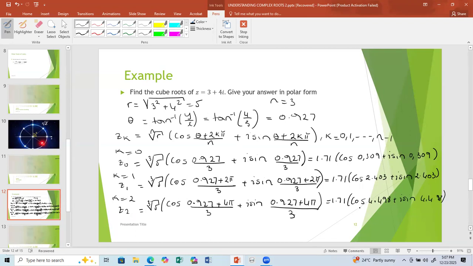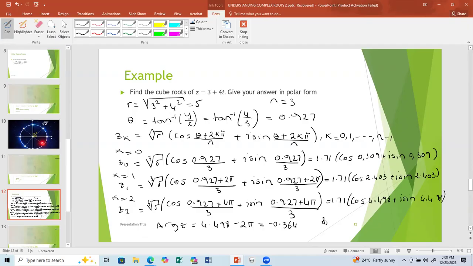Okay, but remember, for the last one there's a little manipulation we need to do, because as was mentioned in the previous videos, the polar form is given with the principal value of the argument, such that this principal value is in the interval minus pi to pi. So since this is bigger than pi, we have to subtract. The principal value is given by 4.498 minus 2 pi, and we're going to get minus 0.364.